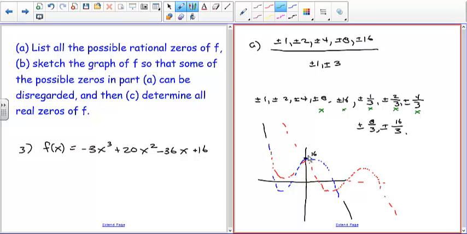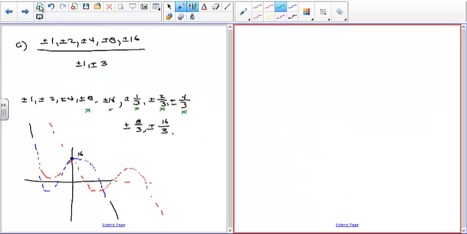Okay. Now, what we need is a few more points, so we could use synthetic division just to evaluate the function at a few values of x. You can do that by doing synthetic division. If the remainder is not 0, then that gives you the value of the function.